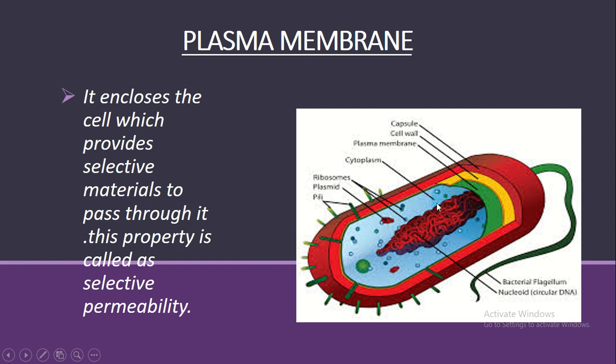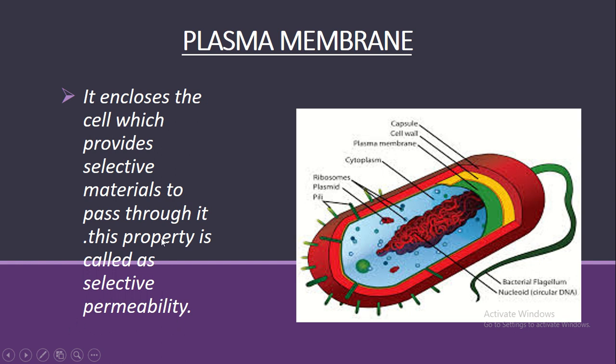All the cell particles, the ribosomes and everything enclosed in the cytoplasm, are covered and protected by the plasma membrane. It allows inside only what is needed for the cell, and does not accept what is not needed. That property is called selective permeability.